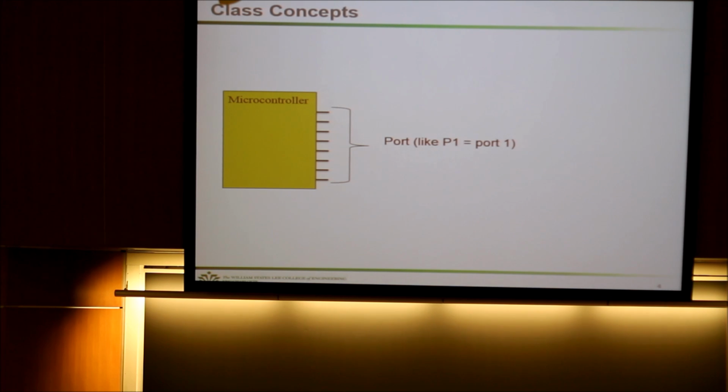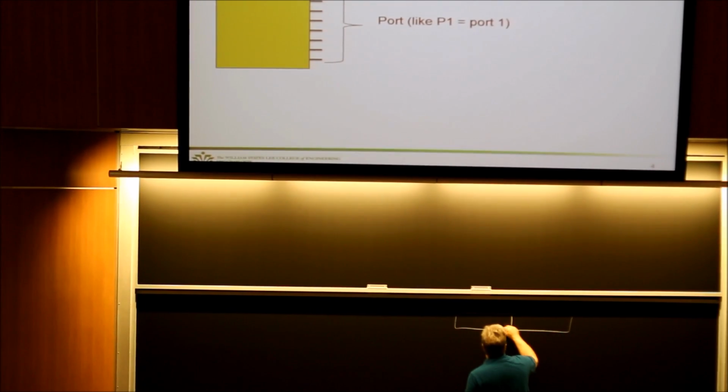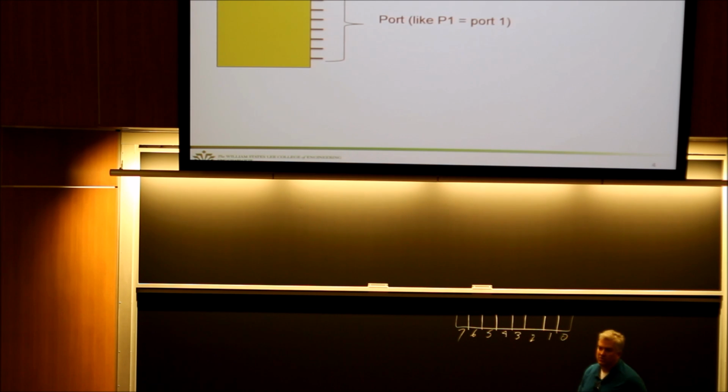So what we're going to be looking at is organizing it into a single byte of 8 bits: 0, 1, 2, 3, 4, 5, 6, 7. Remember, in the computer world, we start counting at 0. This is what we call the least significant bit, and this is the most significant bit.